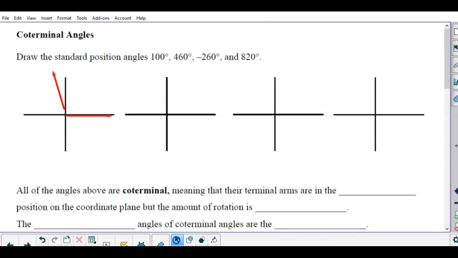Just move them over slightly. Okay, 460, initial arm. Here, think about, okay, well that's more than 360. How much more? 100. So that's going to be there.